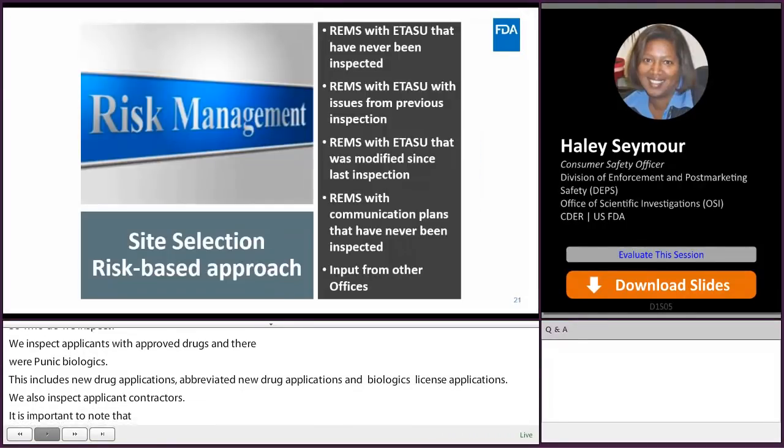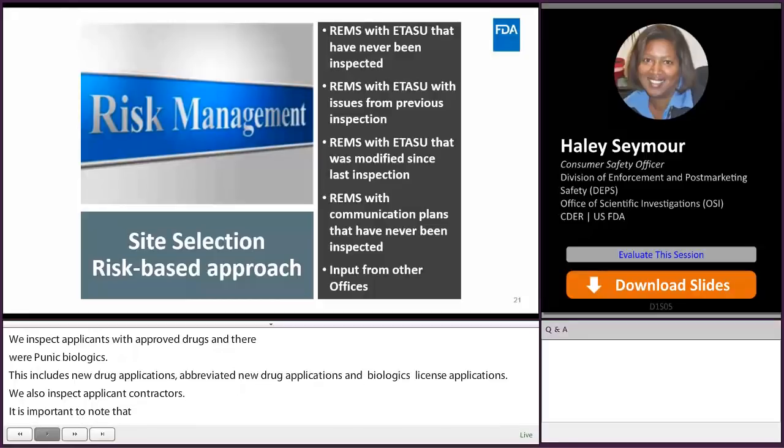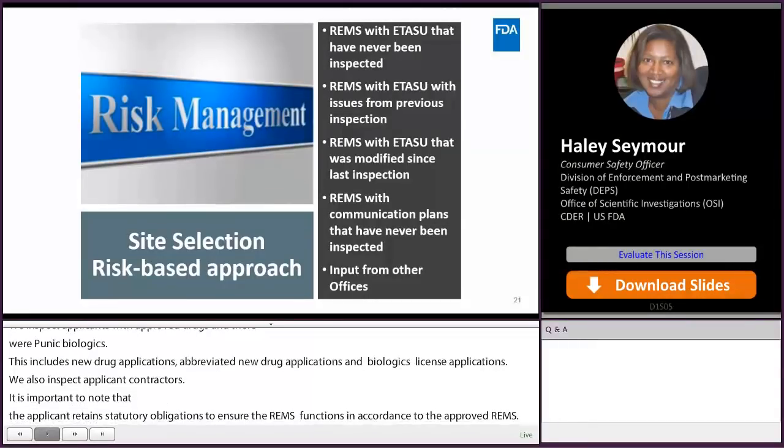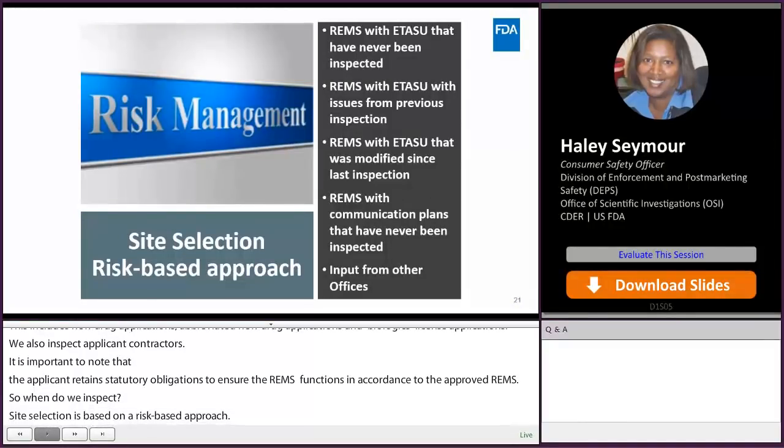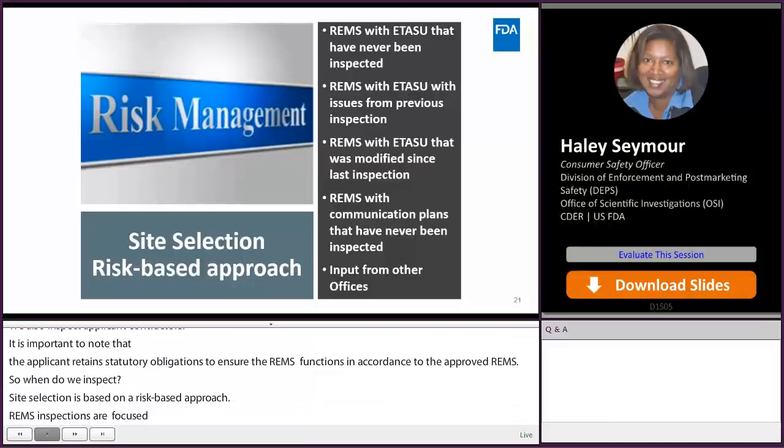So when do we inspect? Site selection is based on a risk-based approach. REMS inspections are focused on evaluating application holders to determine if the REMS was implemented adequately, that the assessment submitted to FDA contains accurate and complete information, and to ensure compliance with the law and requirements set forth in the REMS approval letter.